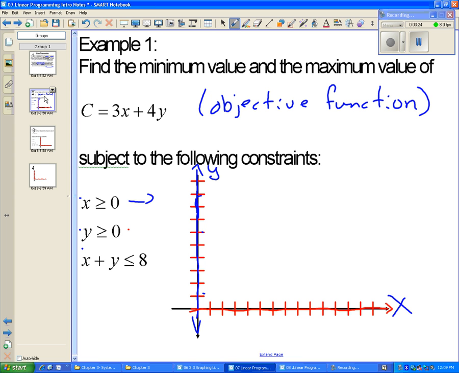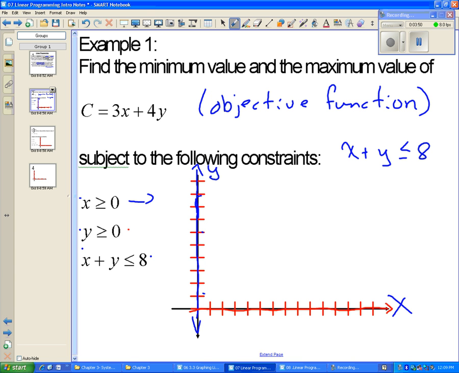My third constraint is x plus y is less than or equal to 8. So I'm in quadrant 1. So I want x plus y is equal to 8. Excuse me, is less than or equal to 8. But I'm going to use x plus y equal to 8 to figure this out. I could solve this for y and look at slope-intercept form, but I am going to find my intercepts.